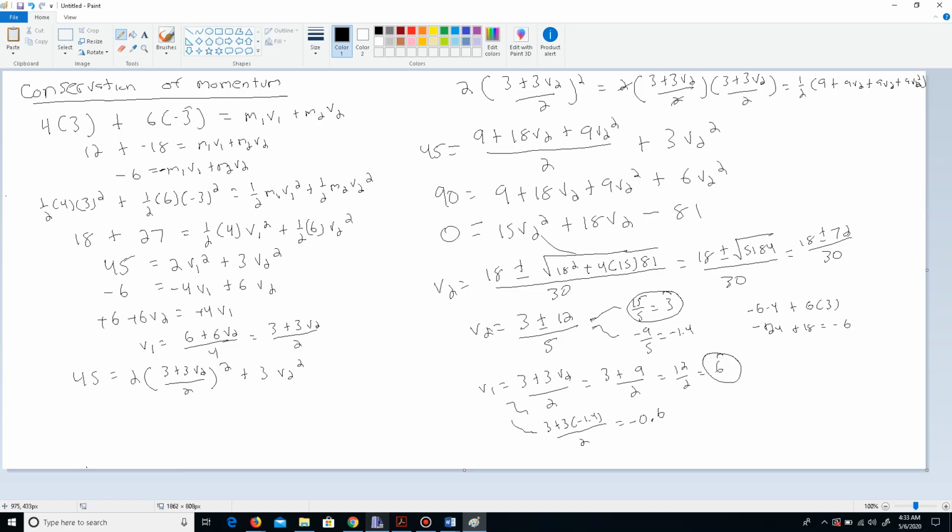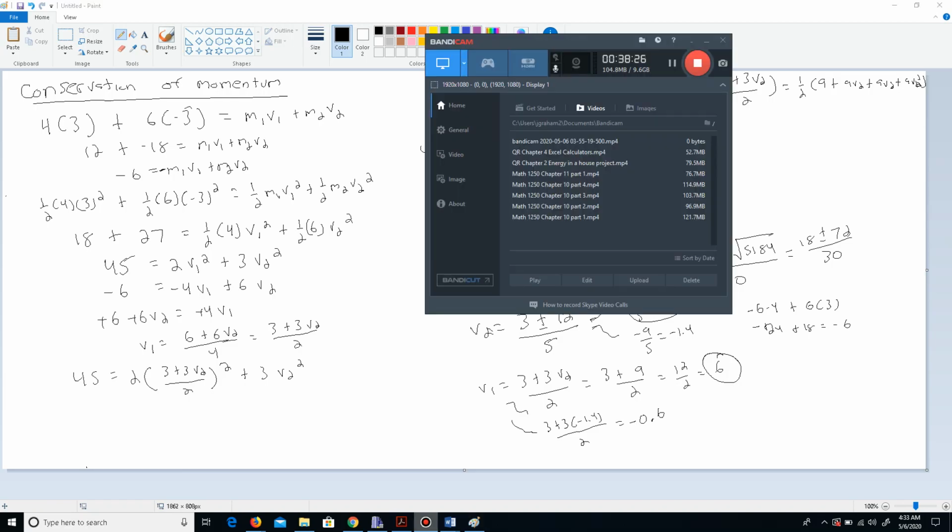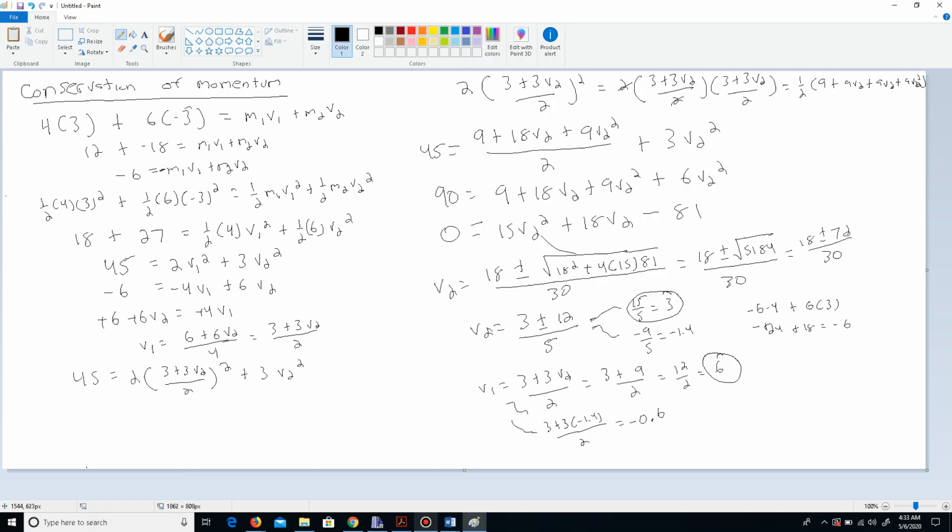Alright, and so that's that. And then we can check the kinetic energy: 1/2 times 4 times negative 6 squared, which is going to give 2 times 36, which is 72.